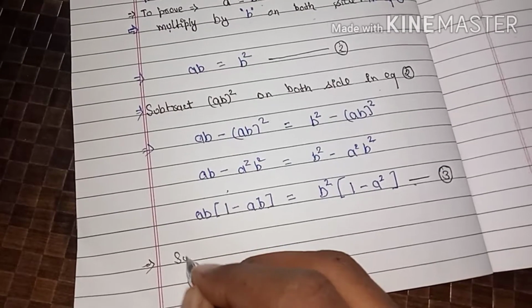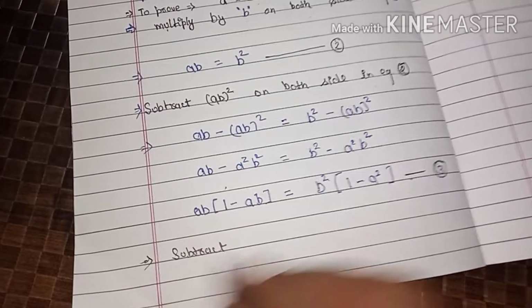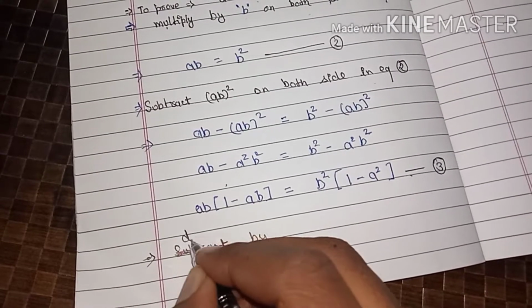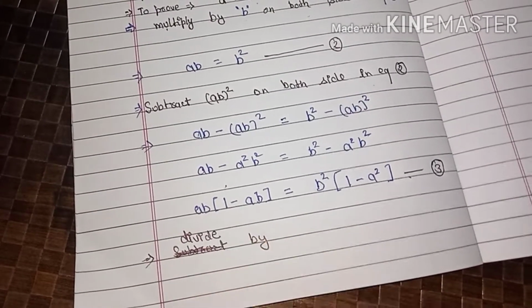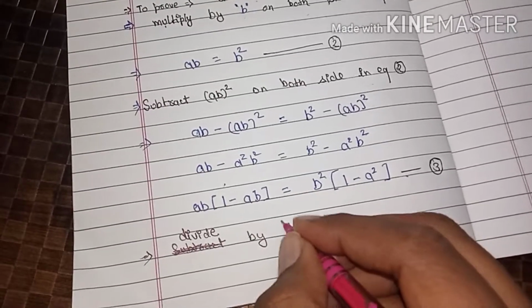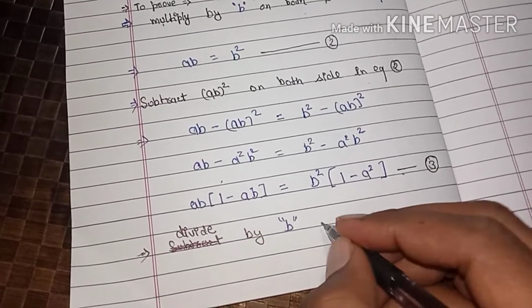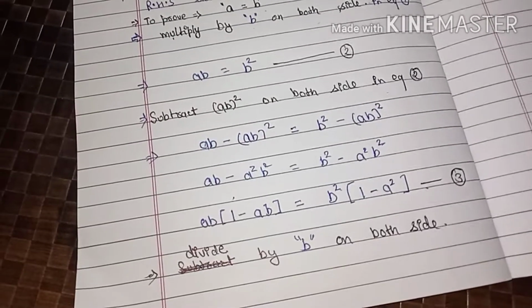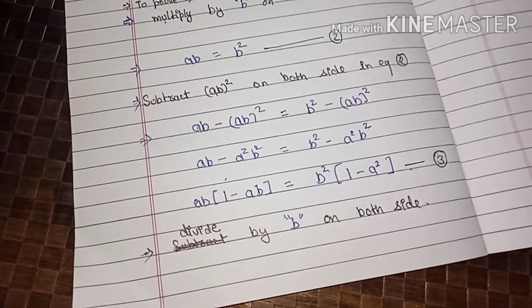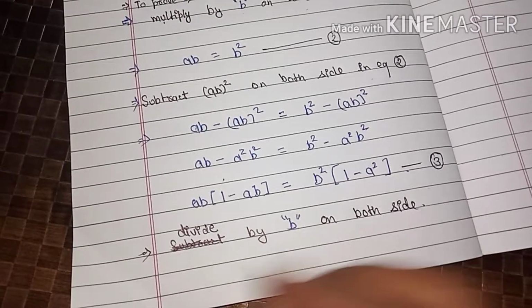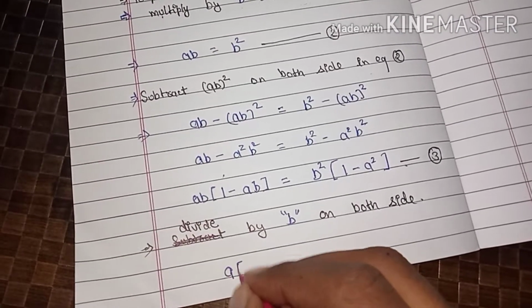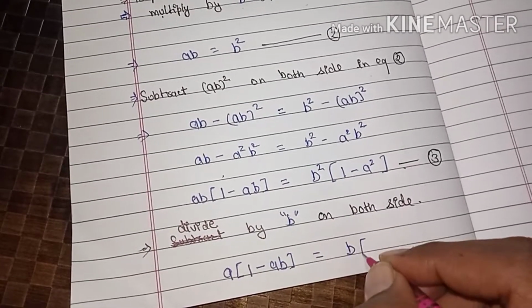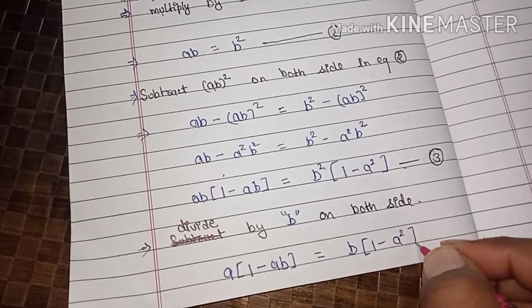Now divide by B on both sides. Sorry, it's not subtract, divide by B on both sides. So we get A(1 minus AB) is equal to B(1 minus A square).